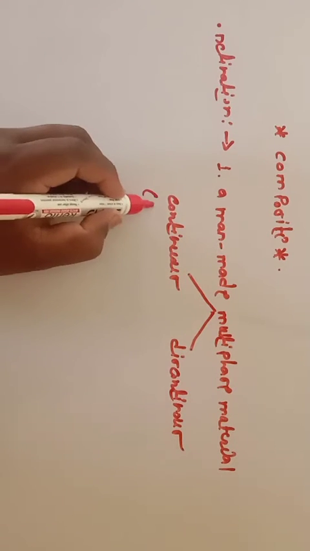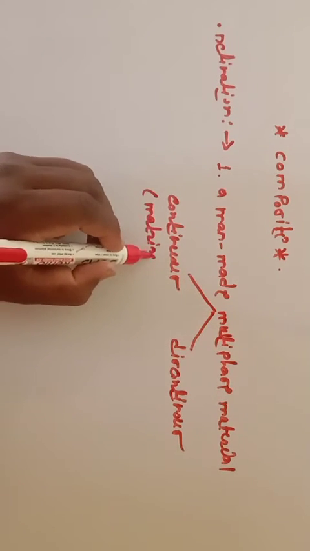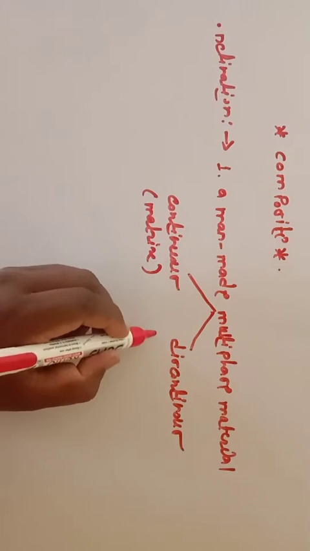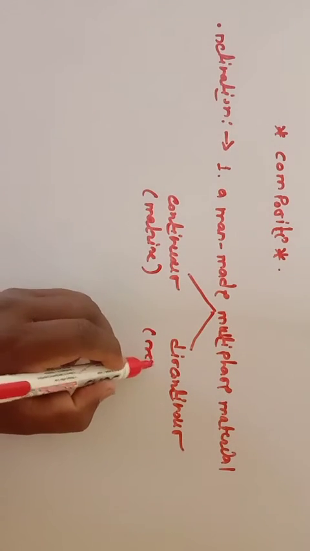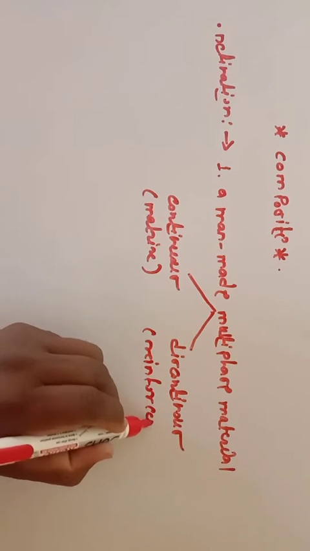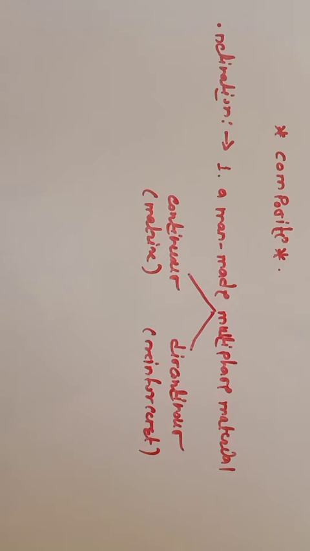This continuous phase is called the matrix, and the discontinuous phase is called reinforcement. What is this matrix and reinforcement? We will discuss later.